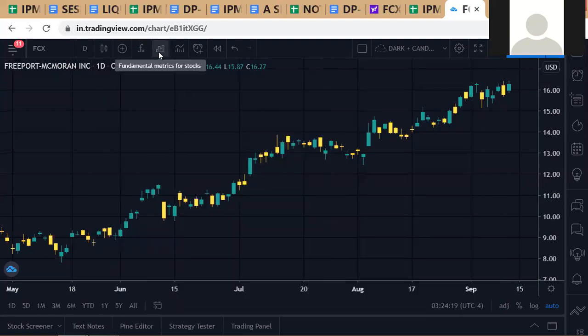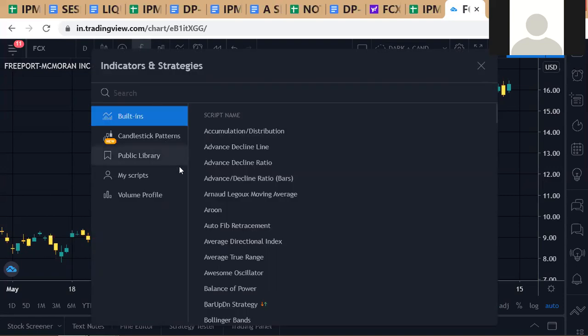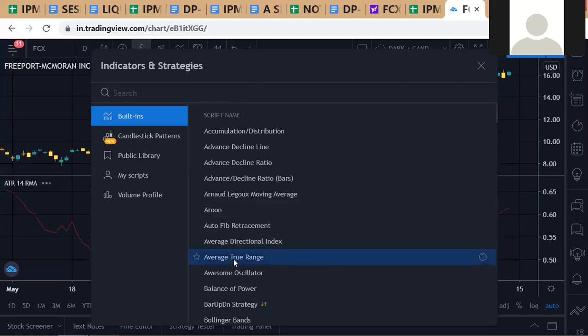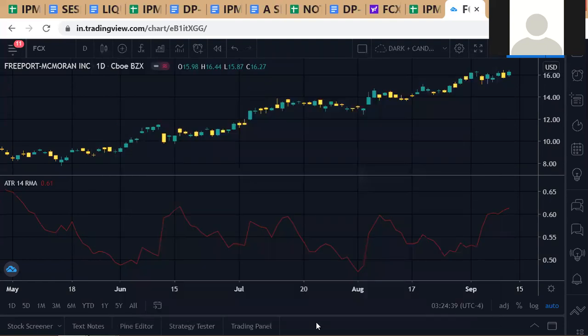Go into indicators, fundamental metrics, indicators and strategies. On this charting system, it's a pretty good charting system for a free system. Click on this. You can look for an indicator called average true range. This is another way to capture the volatility.